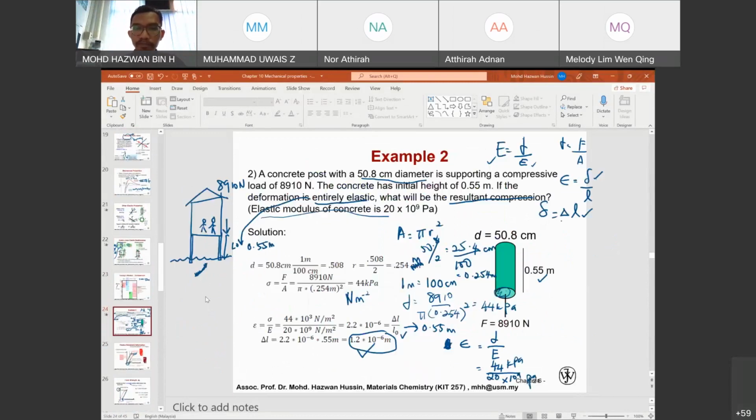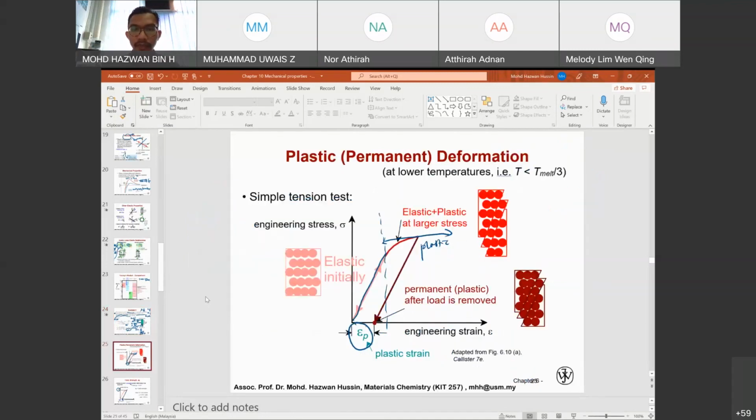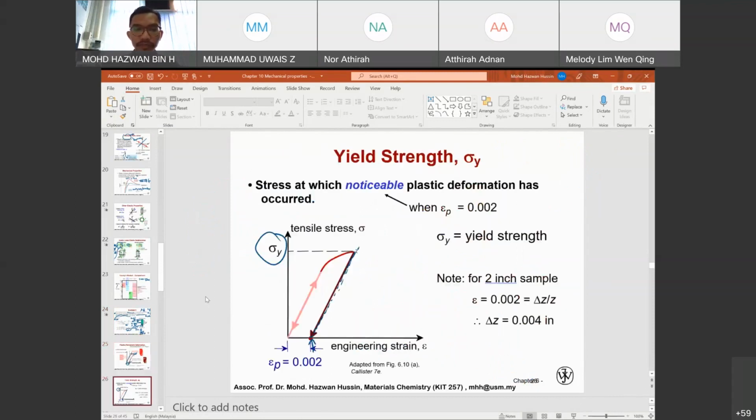Some examples with regards to the formula for calculating stress, modulus of elasticity or strain, provided with different types of values in the questions. We also looked at and understood what is meant by yield strength, or offset, plastic offset, plastic strain.